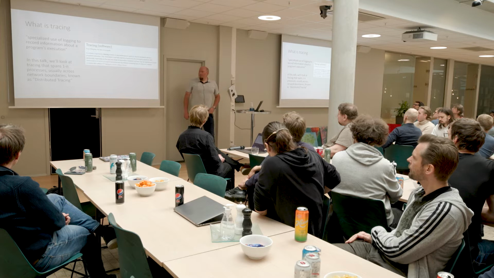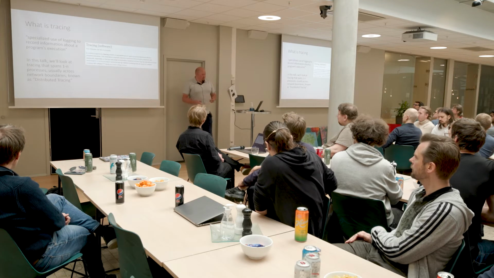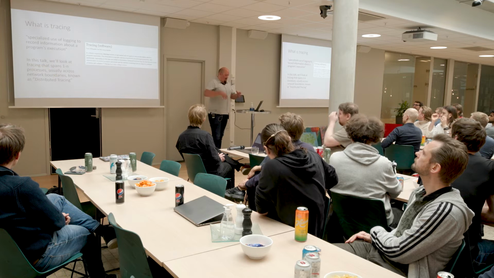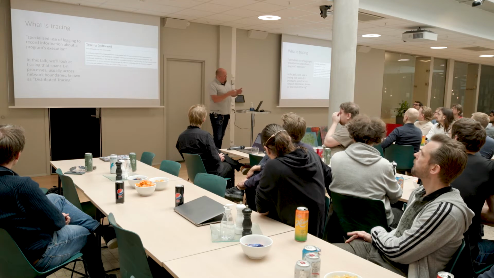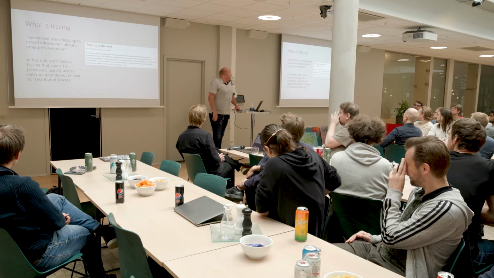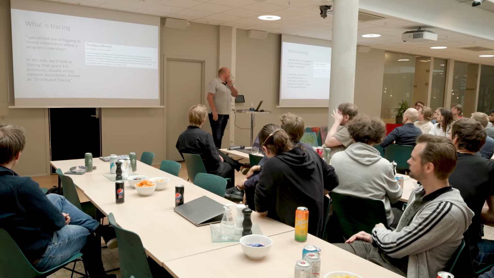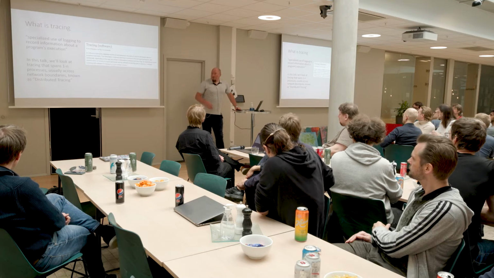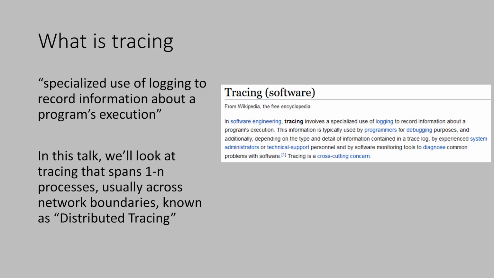So tracing, there are several variants of tracing. You have application tracing, where you look at specific parts of the code. But this time we're going to talk about distributed tracing, where the tracing crosses network boundaries, typically in a Kubernetes or microservices environment.